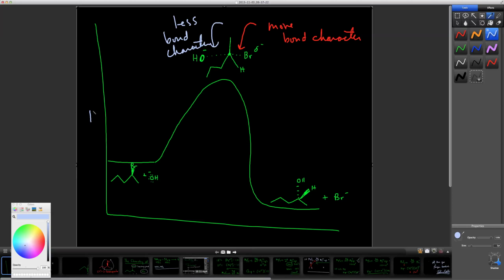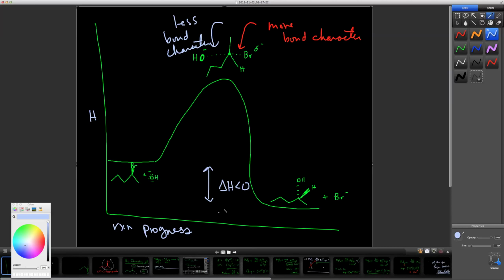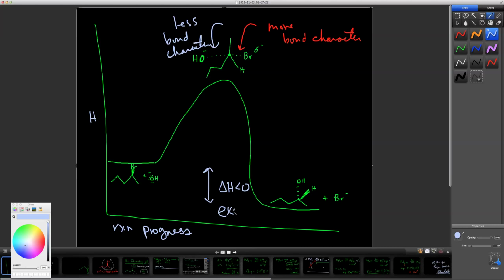And of course, we're tracking enthalpy as a function of reaction progress. Here's our delta H, which is less than 0, because it indeed is exothermic.